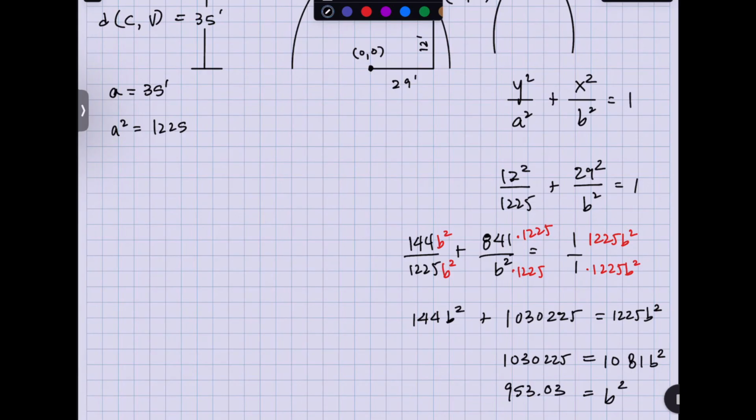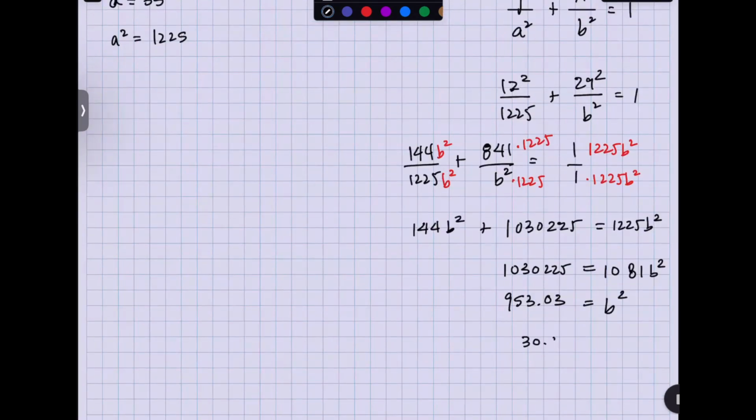It's not even locked. Come on. 30.87118.